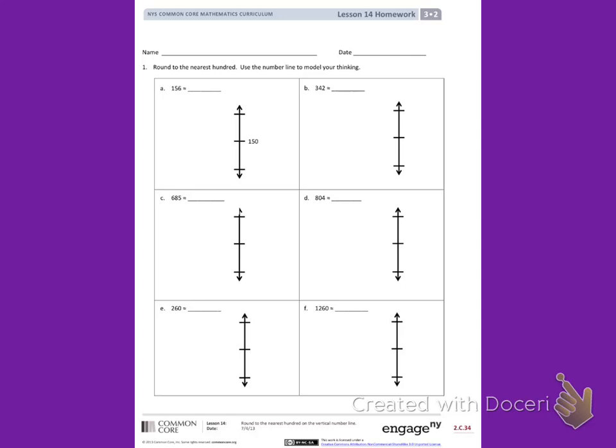156 equals blank. When counting by hundreds, we know that the number 156 comes in between 100 and 200. The halfway point is 150. Now, just simply plot the number 156. 156 is greater than 150, so I'll plot it right here.